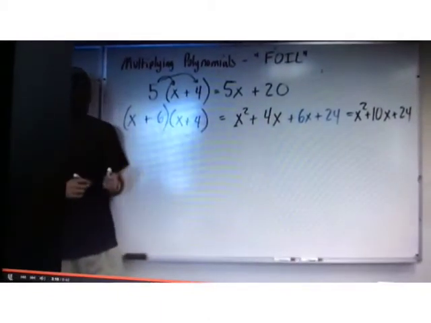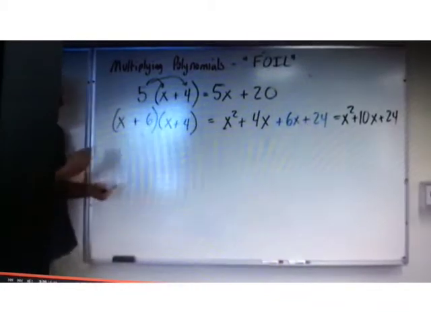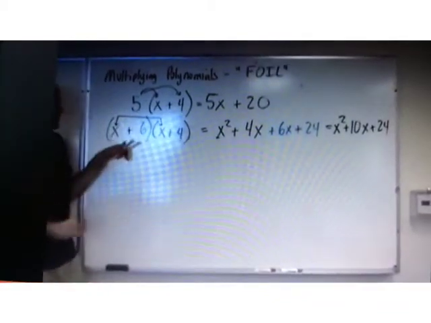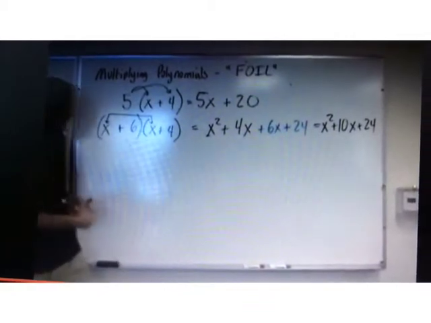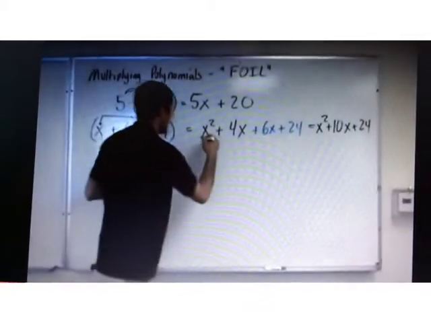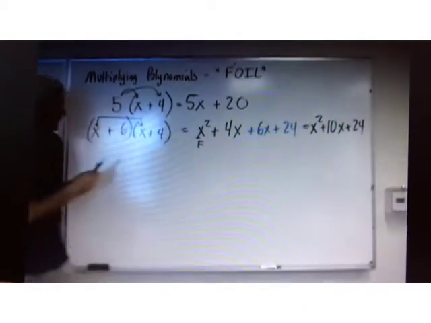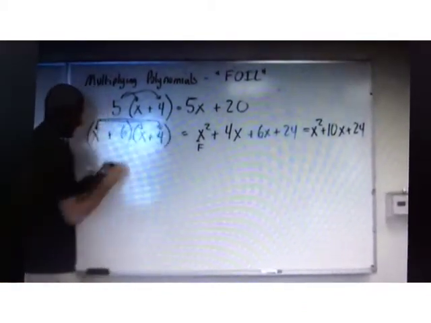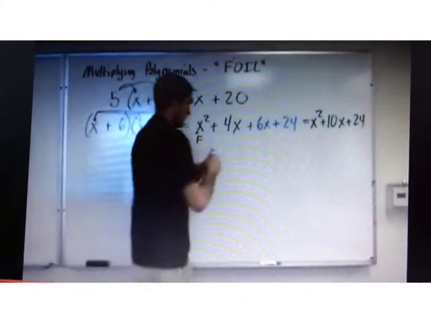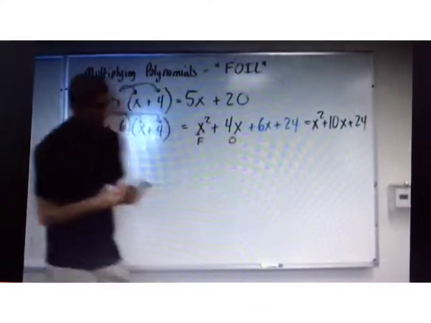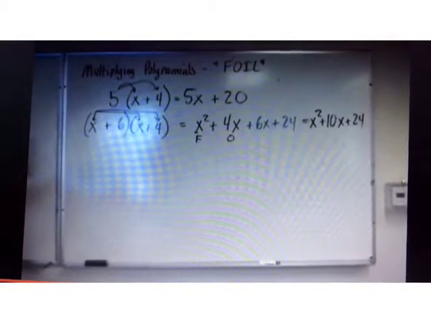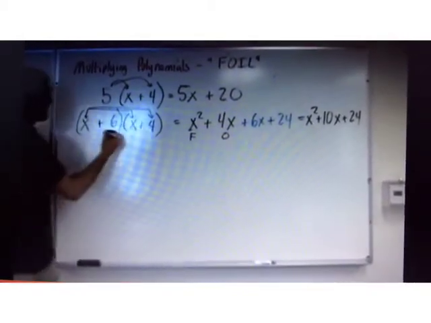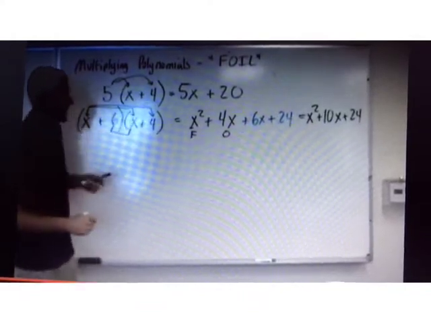The reason they call it FOIL is the following. You multiply the first terms. There it is. That's F. Put that here. You can even write it here if you like, F. Then you multiply the outer inside term.